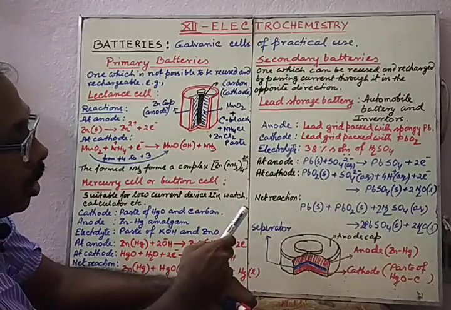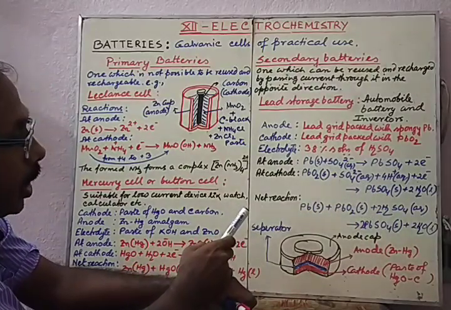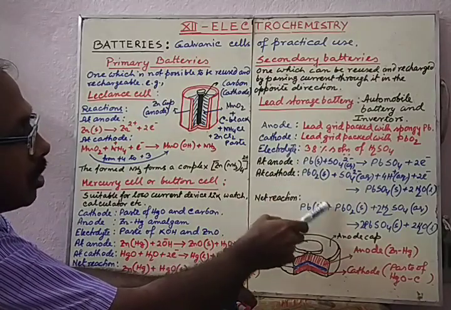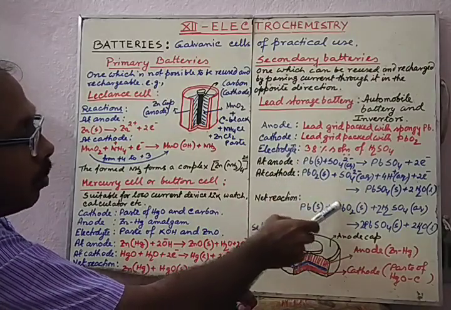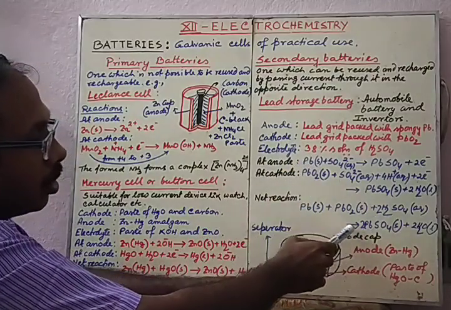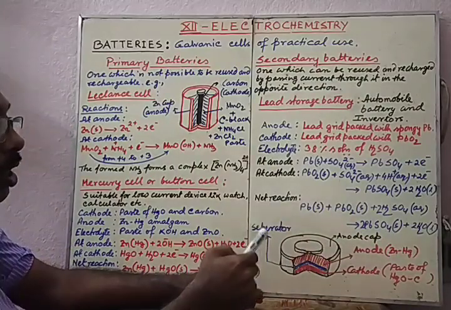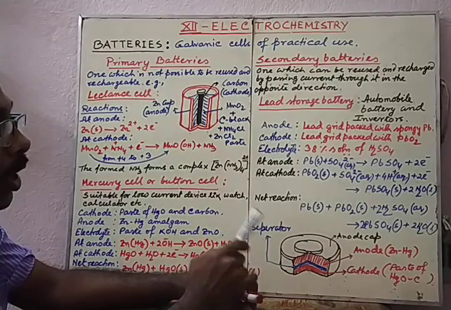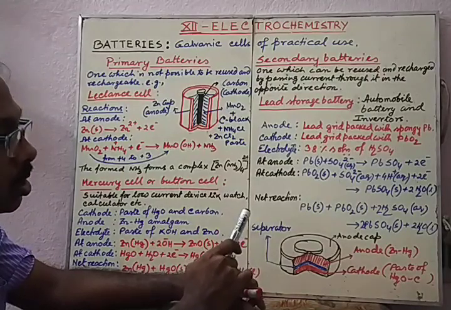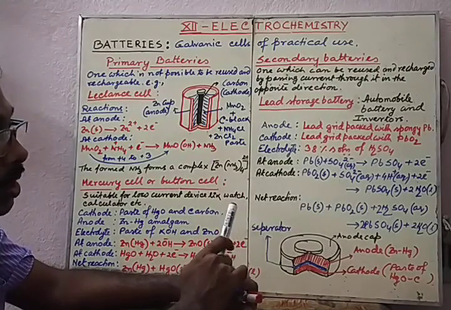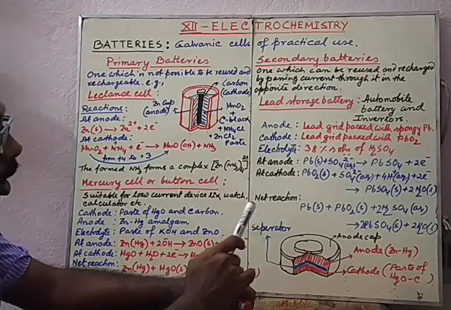The overall reaction that is taking place is Pb plus PbO2 in the presence of sulfuric acid going to form PbSO4 plus water. This reaction can be reversed when the battery is recharged by passing electricity.